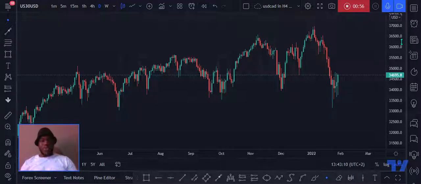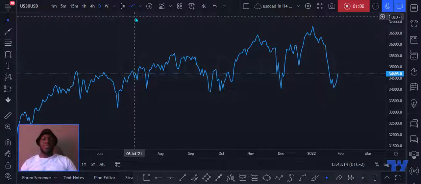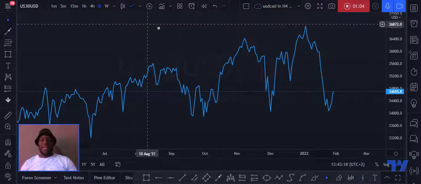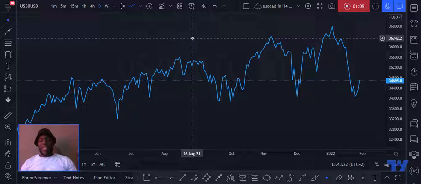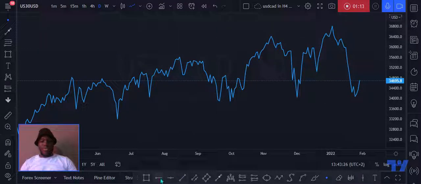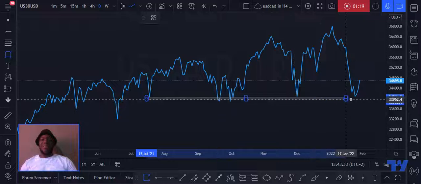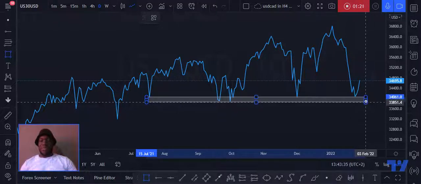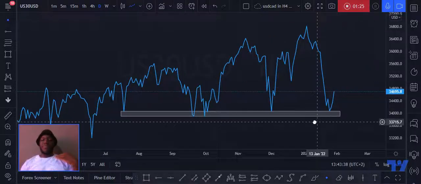As you all know, before we do analysis, we use our line chart so that we understand the real market nature, where the market is turning and all those things. Down here we have our support area, which is the major support area, whereby the market, when it reaches these prices, is expected to turn.